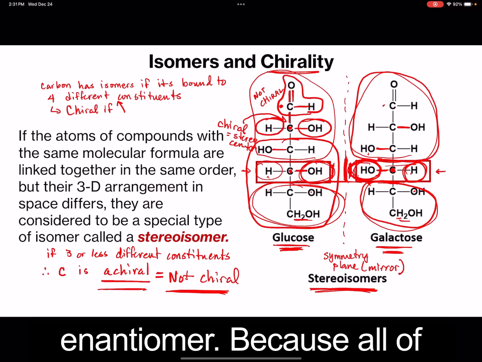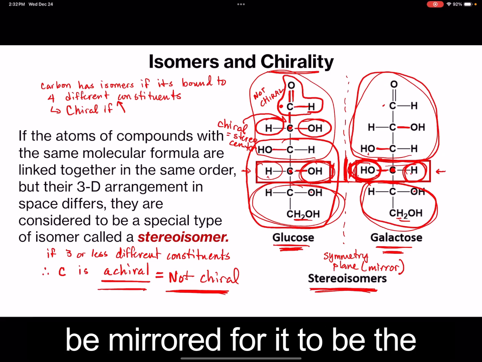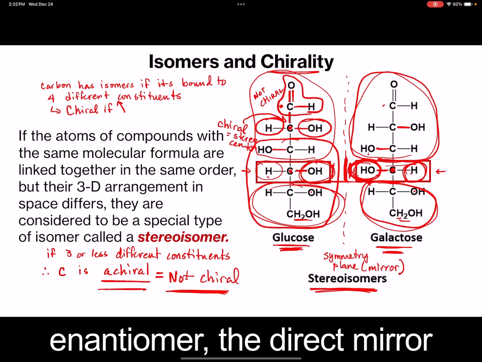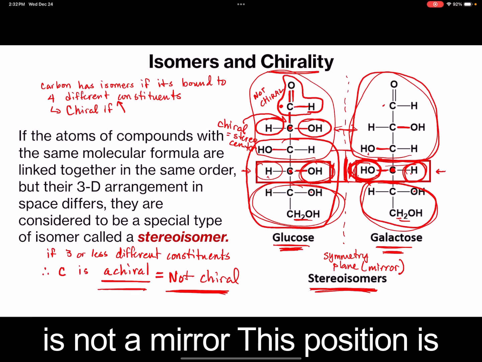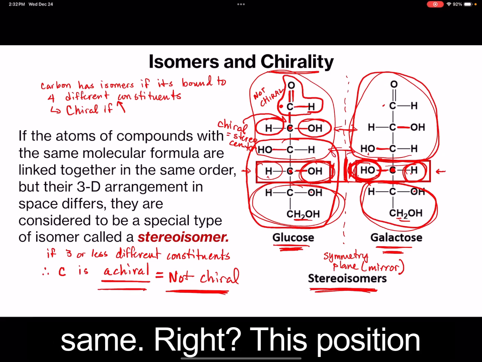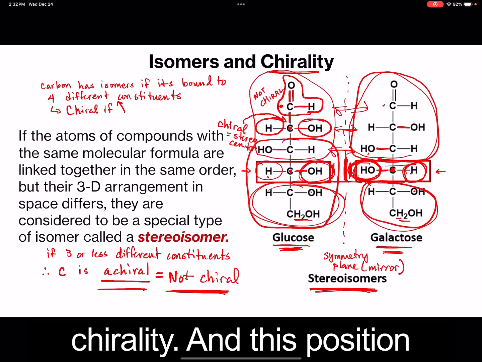It's not an enantiomer because all of the positions would have to be mirrored for it to be the enantiomer, the direct mirror image. Because this position is not a mirror, this position is not a mirror, they're the same, right? This position it doesn't matter because it spins, it doesn't have chirality.